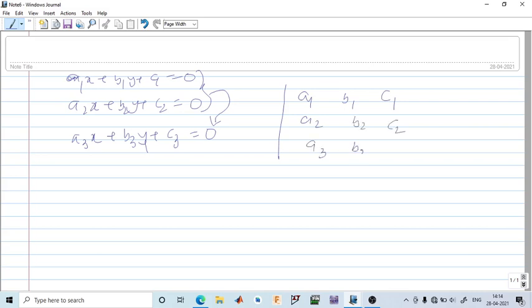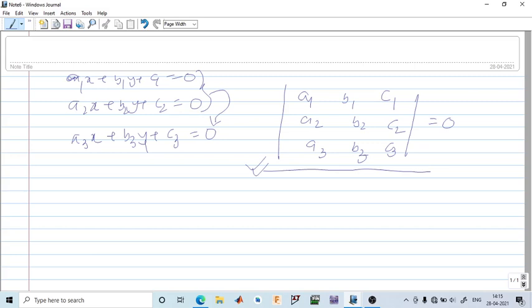Writing the coefficients and evaluating with 0. If this condition is true, then we can say that the three lines are concurrent.